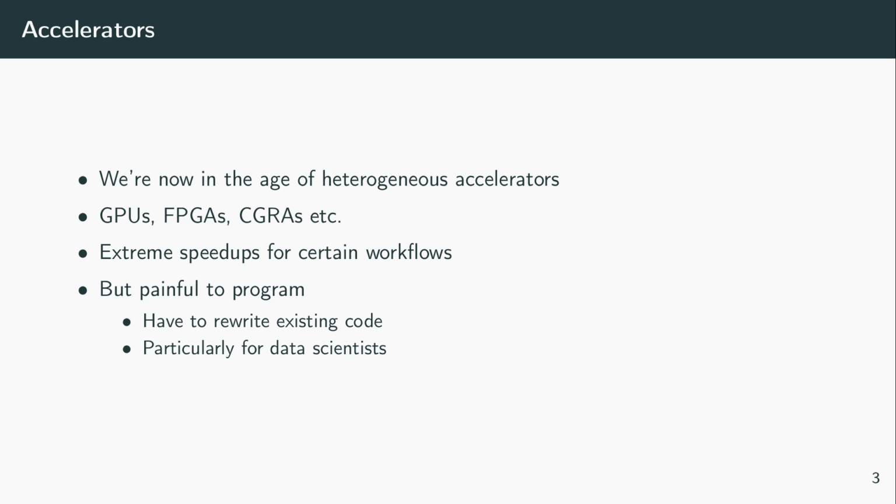However, they can be painful to program, often requiring a programming model radically different from that of a CPU. This, of course, means that existing code has to be rewritten to use them. This is particularly bad for data scientists who may have little experience in writing low-level code or managing device interaction, and may be blissfully unaware that there are even such things as other programming models.